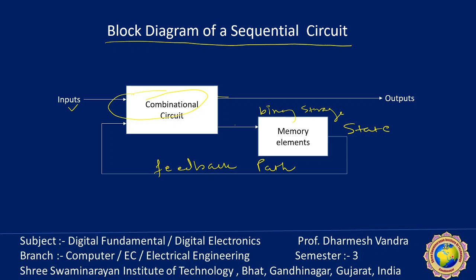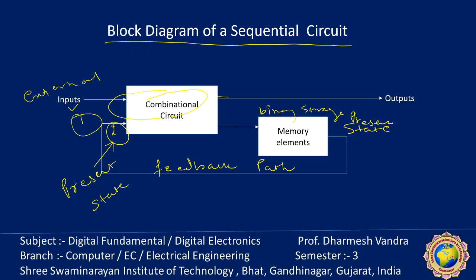The sequential circuit receives binary information from external input. These inputs, together with the present state stored in the memory element, are used by the combinational circuit.